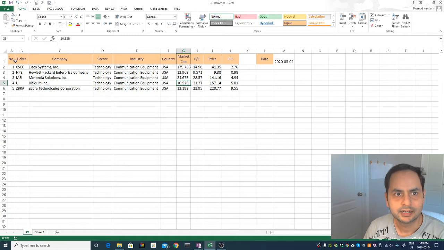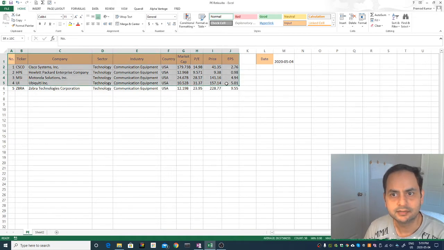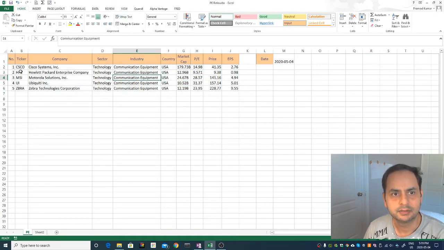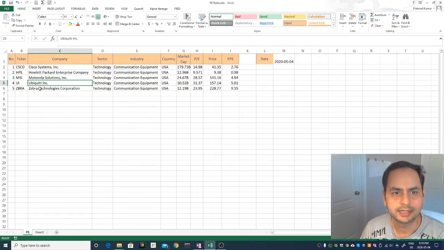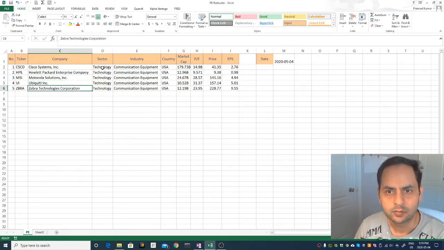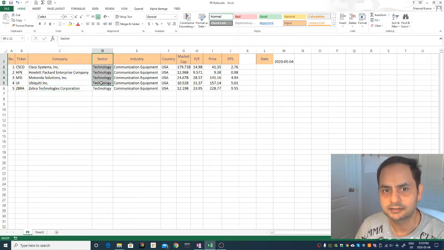I have selected a few stocks here. For example, these are the tickers: Cisco, Hewlett Packard, HP, as it may be famous by its other names, Motorola, Ubiquiti and Zebra Technologies. Whenever you do any comparison, make sure they are in the same sector.